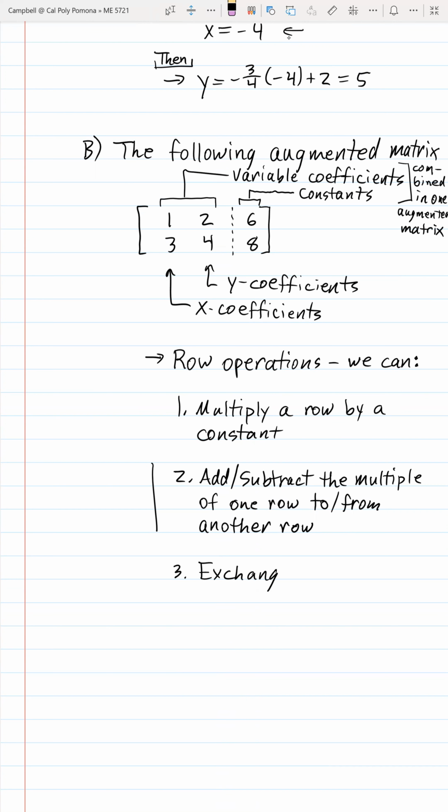Now we'll see later in this class that changing the order of the rows can impact things, but for right now, in terms of just capturing the information that we're interested in, we can exchange the places of two rows, and we haven't altered the information that is captured by those equations in the least. And so that's something else that we can do.